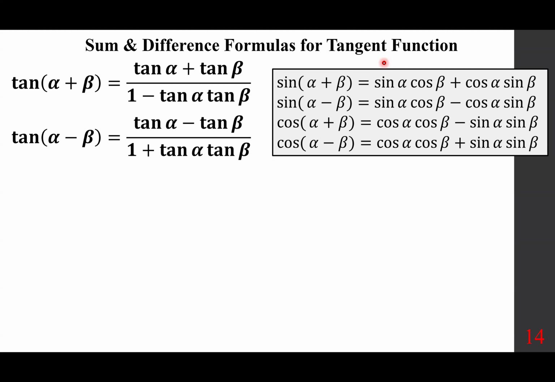Well, as you know, tangent is basically sine over cosine. Therefore, tan of alpha plus beta is sine of alpha plus beta over cosine of alpha plus beta. So you put this one over this one.